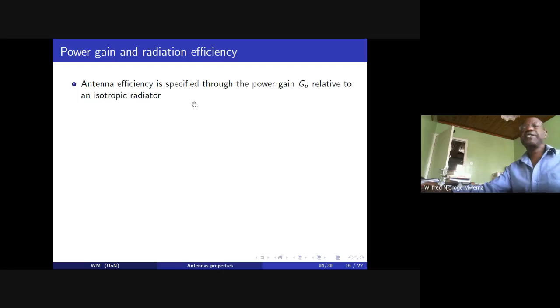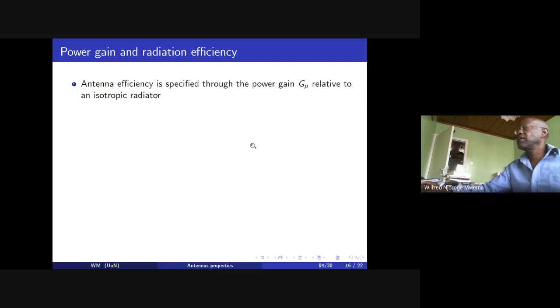So antenna efficiency is specified through the power gain, which is given as dP relative to an isotropic radiator. And remember, I'm sure all of us are conversant with power gain from electronics. An antenna is basically a passive element, and therefore by gain, we are not talking about addition of power. All we are saying is that we are borrowing some of the power that was to be radiated in different directions.